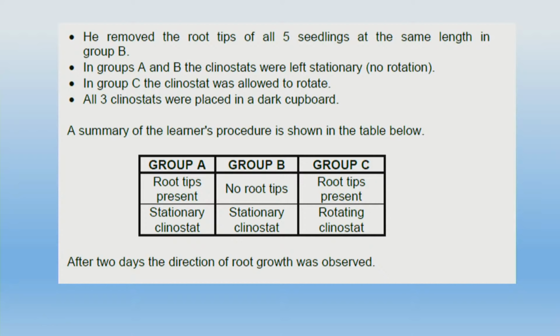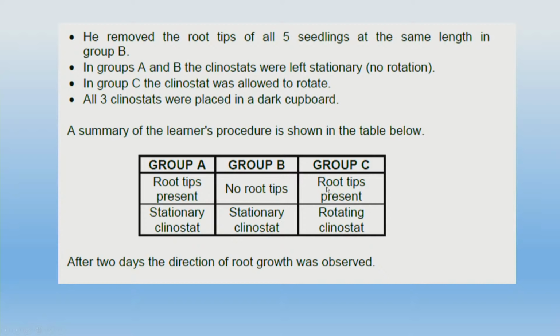And then let us look at B. No growth will be observed because we know root tips, and then, okay, the clinostat is stationary, but we don't have the root tips. So there will be no growth. And then with group C, roots will grow horizontally, not change the direction. Why?